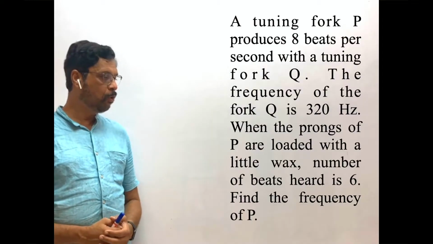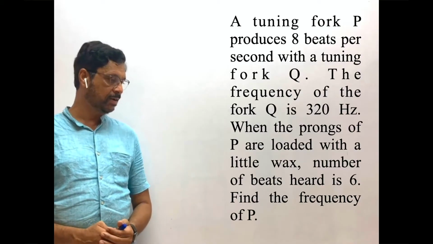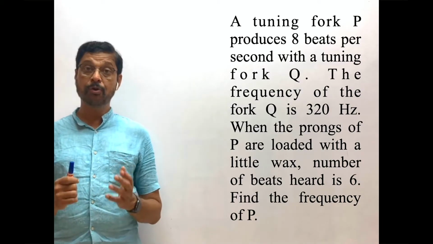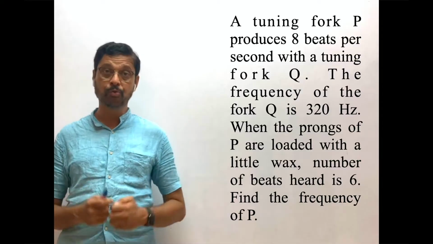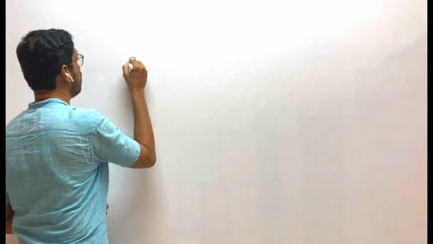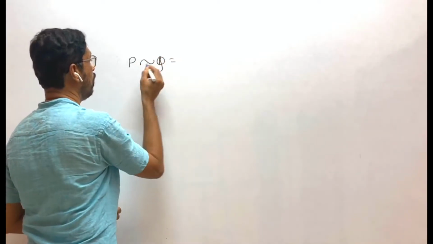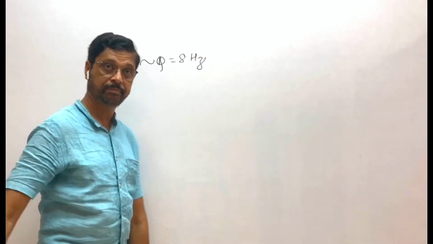A tuning fork P produces 8 beats per second with a tuning fork Q. Tuning fork P produces 8 beats with tuning fork Q means that the difference of frequencies, frequency of P minus frequency of Q or Q minus P is how much? 8 hertz.